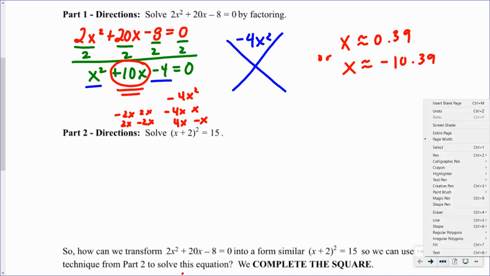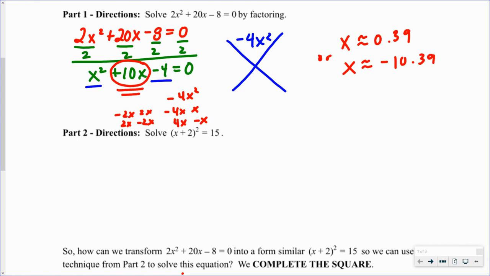The key is actually in something that you just studied, which was this idea of perfect square trinomials. So our focus over the next couple of videos is trying to make expressions into perfect square trinomials and then taking square roots so we can solve equations.